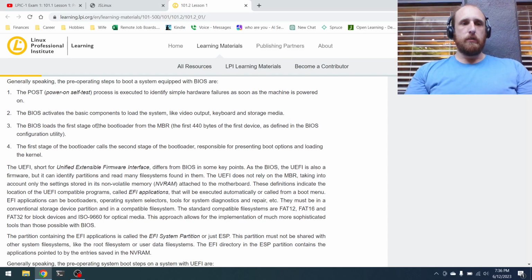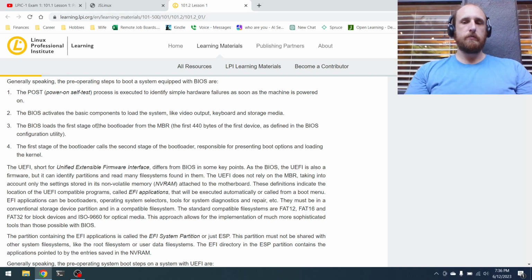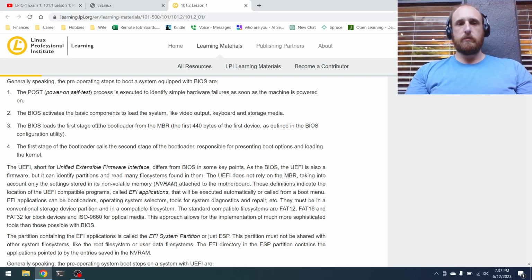Generally speaking, the pre-operating system steps to boot a system equipped with BIOS are: Step 1, the POST, power on self-test, process is executed to identify simple hardware failures as soon as the machine is powered on.